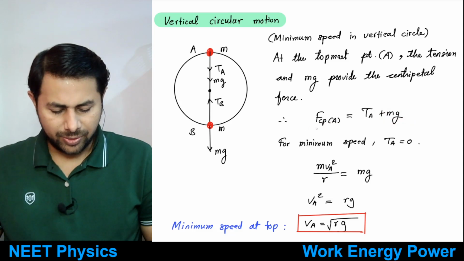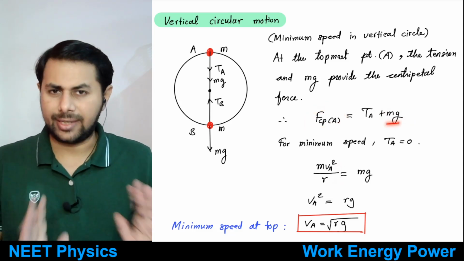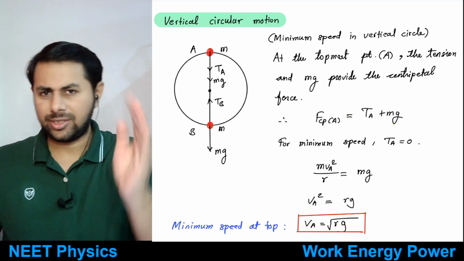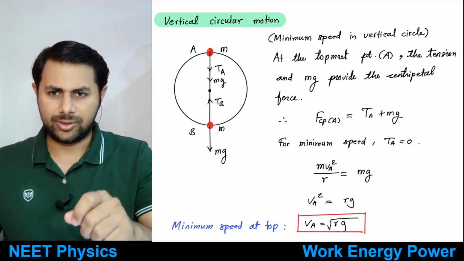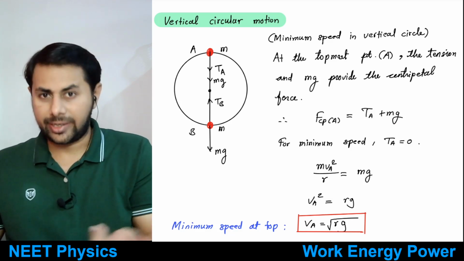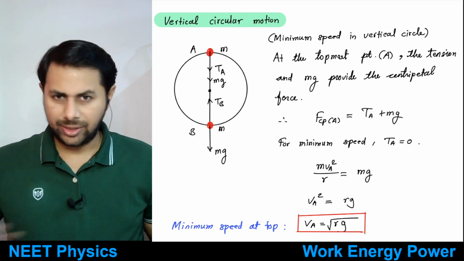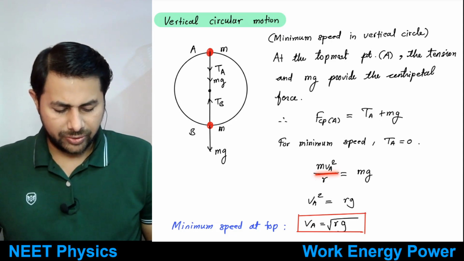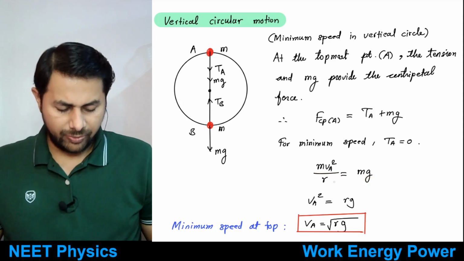okay? Therefore centripetal force, which is mv square by r, is equal to just mg. You are moving it in such a way that it just passes over the topmost point, so you are not pulling it or exerting any extra tension. So tension is 0, okay? Then you get mv square by r equals mg, and m gets cancelled.